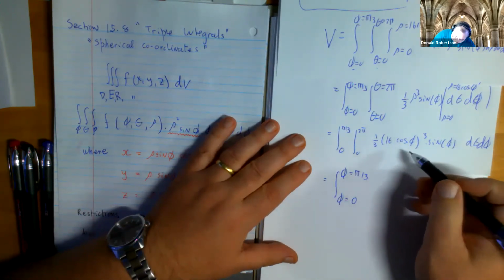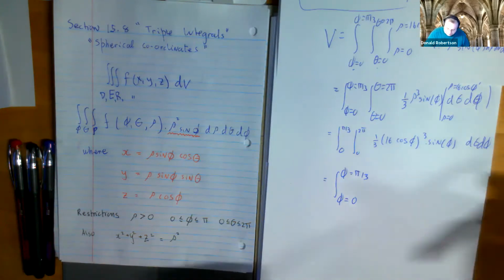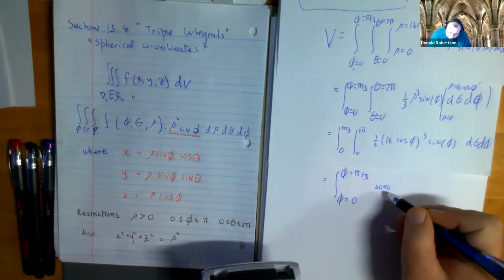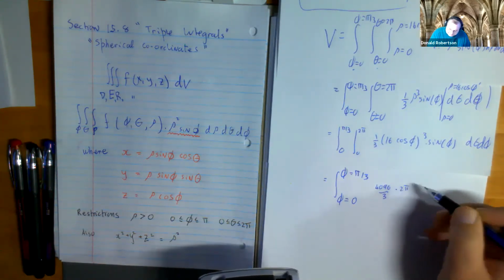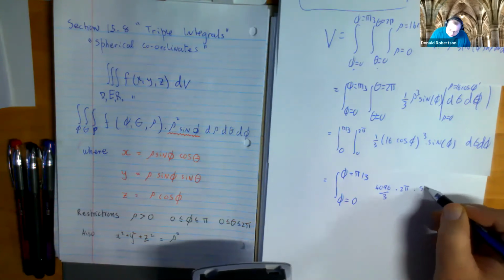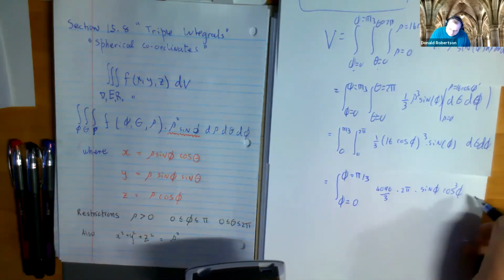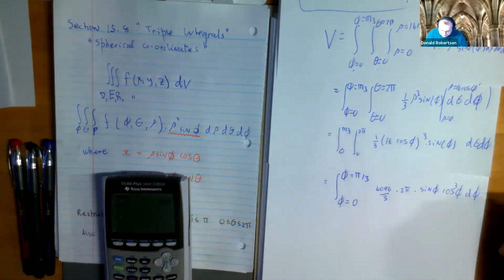So I'm going to get, oh, goodness gracious, 16 cubed. What a ridiculous number. 4,096 over 3 times a 2 pi times a sine phi times a cosine cubed phi d phi.